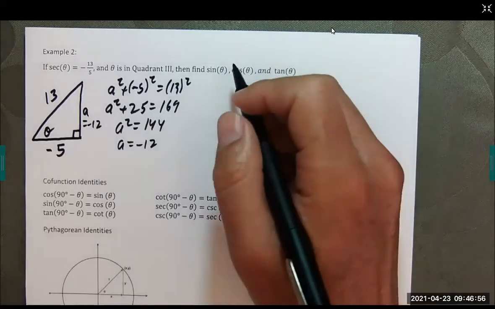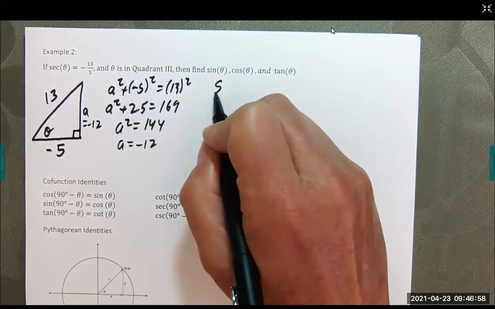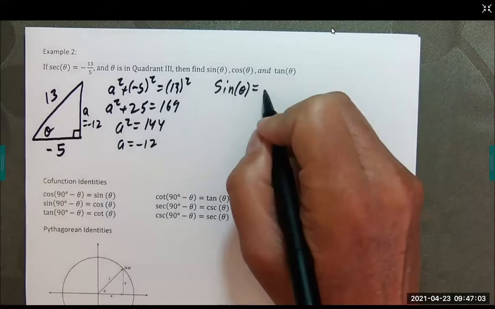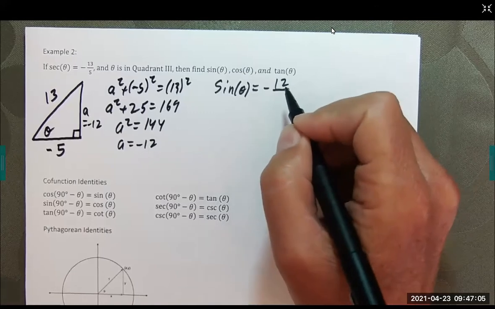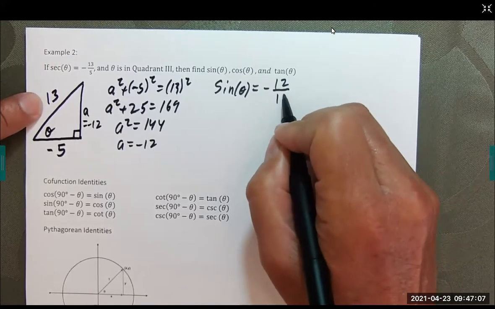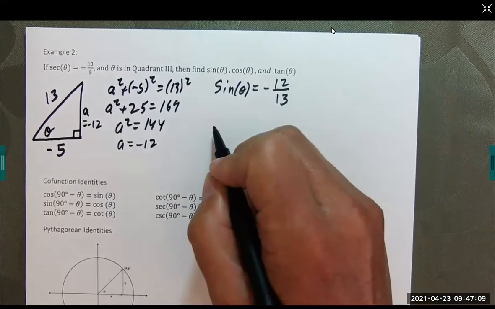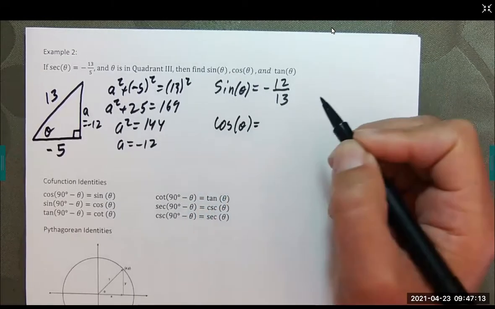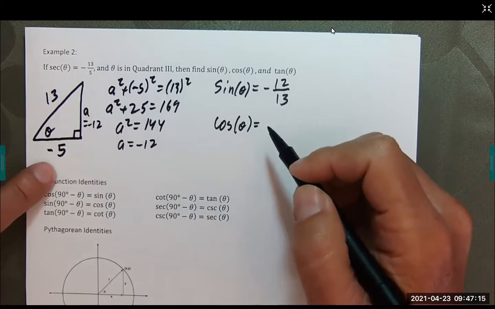So now when I find the sine of theta, that's the opposite, that's the -12 over the hypotenuse, which is 13 in this case. Notice it's negative. Cosine is the adjacent over the hypotenuse.